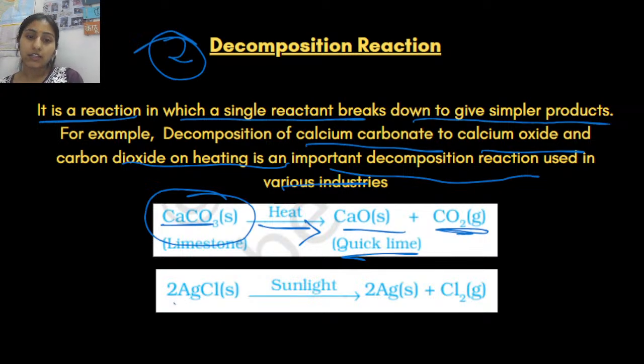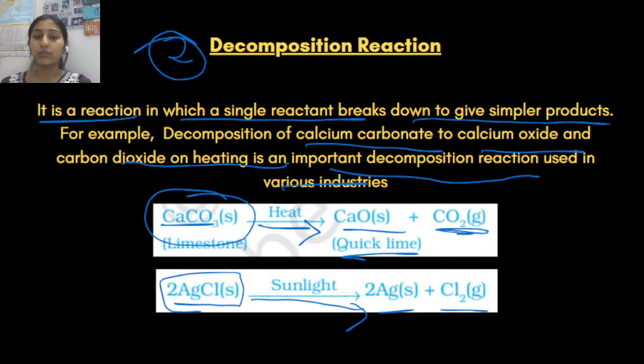Again, there is silver chloride, AgCl. When we put AgCl in sunlight, it is broken down into silver and chlorine. So in combination reactions there were two reactants and one product, while in decomposition reaction there is one reactant and two products. These are quite similar but opposite to each other.